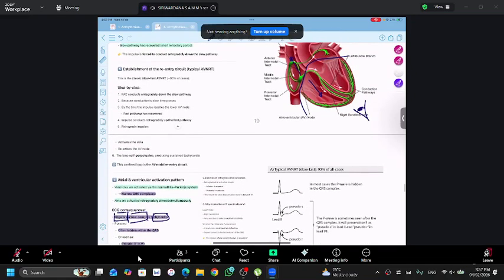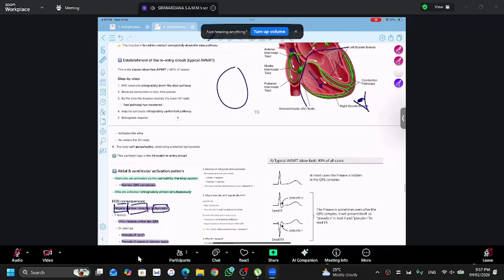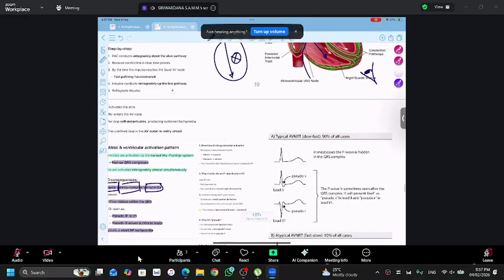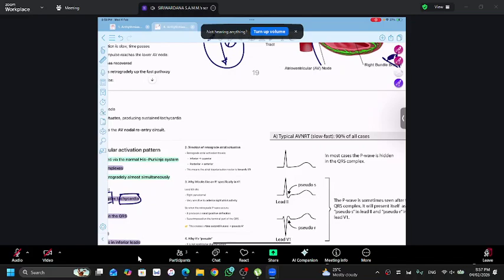The atrial activation, if the atrium is like this, normally happens from superior to inferior and from anterior to posterior. That is usually how it will happen.